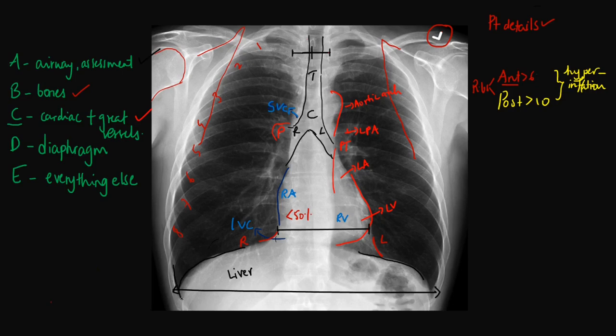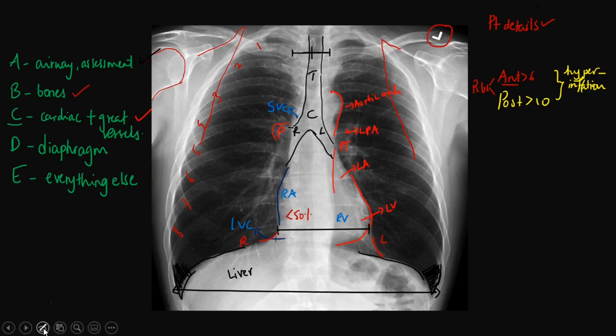And the costophrenic angles over here are also nice and sharp, well defined, although they might be blunted in a pleural effusion. Underneath the left hemidiaphragm, we see some air over here, and that's the gastric bubble.